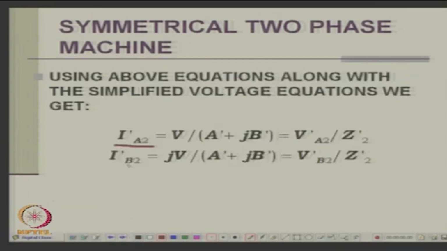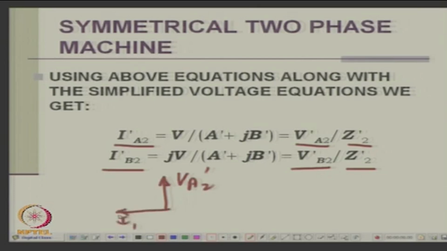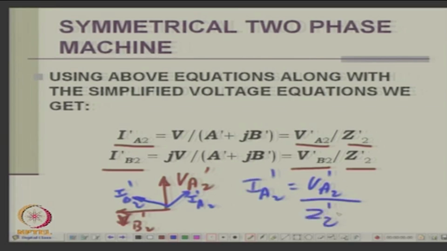So you will have IA2 dash and IB2 dash, okay, will be VA2 dash by Z2 dash and VB2 dash by Z2 dash. Okay. So you would expect, if purely negative sequence VA2 dash and VB2 dash, you have currents IA2 dash and IB2 dash, is it not, and IA2 dash will be nothing but VA2 dash divided by Z2 dash, and the dash is significant for 2 phase system and 2 is for negative sequence, the subscripts. Okay.